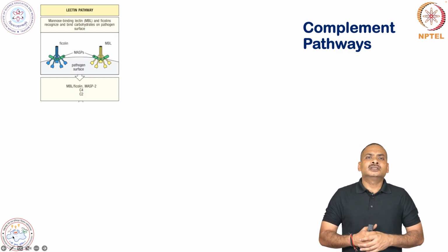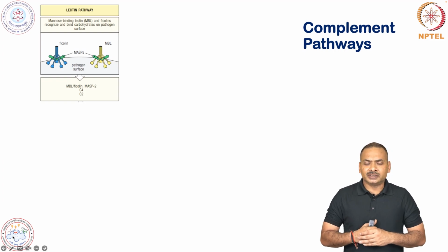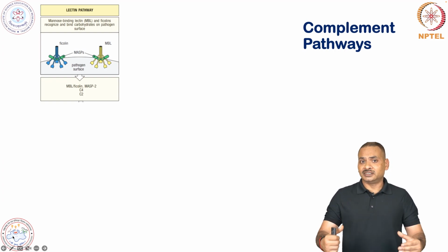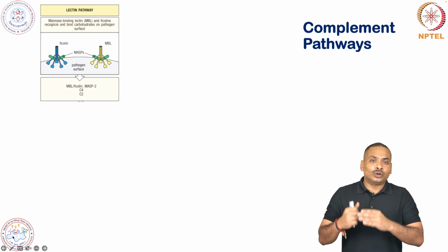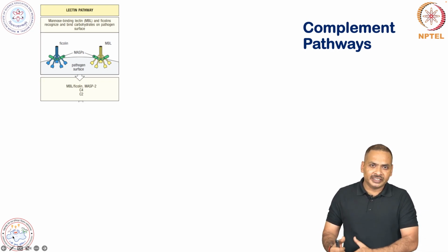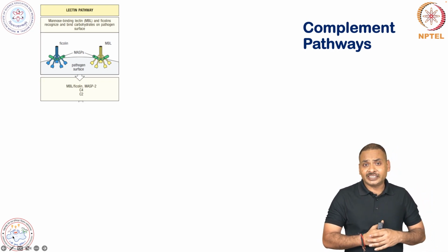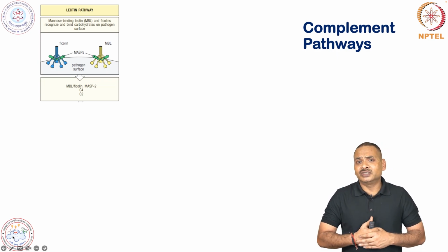Please remember, the aim of all these three complement pathways, alternative, classical, or lectin, is to make C3 convertase.